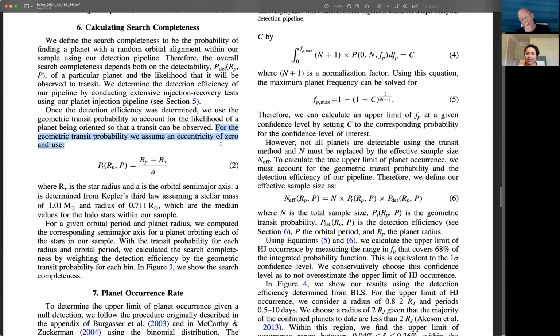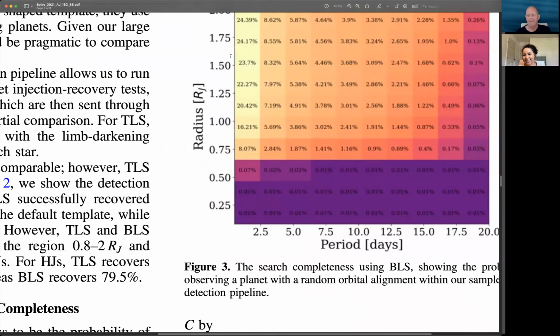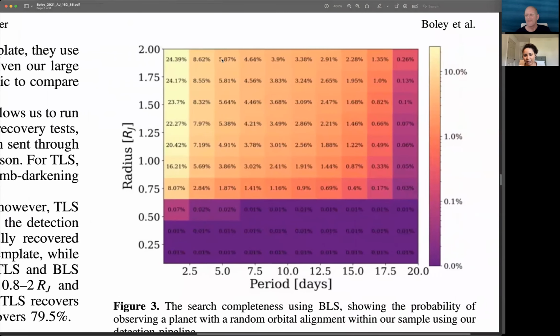So what you'll see in figure 3, and I won't hover on that too long, is the search completeness that we found, and this tells you the probability of detection for a specific period and radius of a planet.